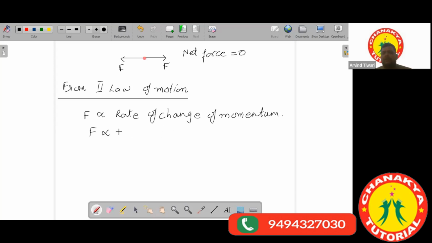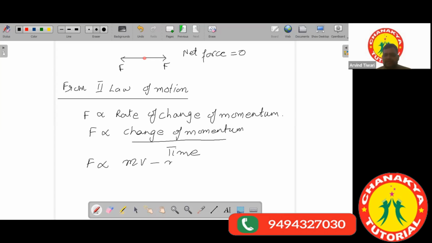Change of momentum is given by final momentum minus initial momentum, as we have already seen, change of momentum per unit time. So change of momentum by time will be force. So I'll write force proportional to final momentum mv minus initial momentum mu divided by time t.